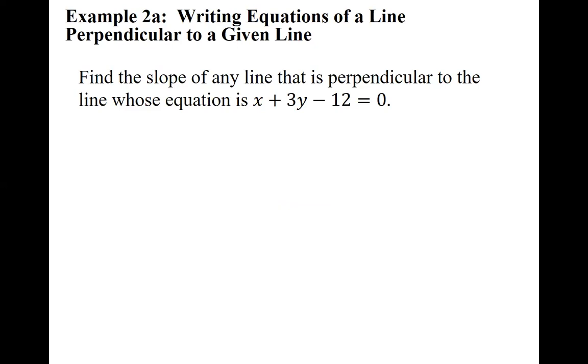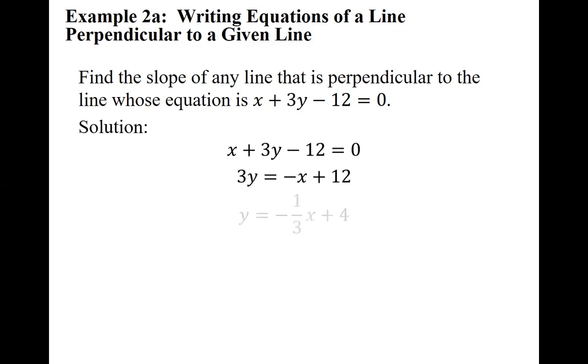Let's find the slope of any line that is perpendicular to the line whose equation is x plus 3y minus 12 equals 0. So we would want to find the slope of this line, because that's how we would find a perpendicular slope. We need a slope to start from. So let's solve for y. Subtract x, add 12. 3y equals -x plus 12.